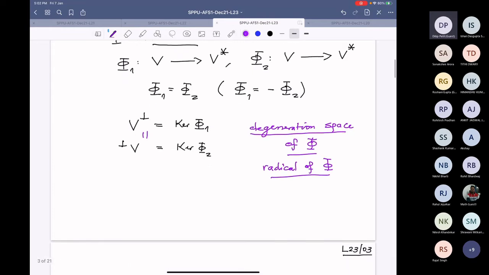One thing we can do is convert this into matrices and then write it down.